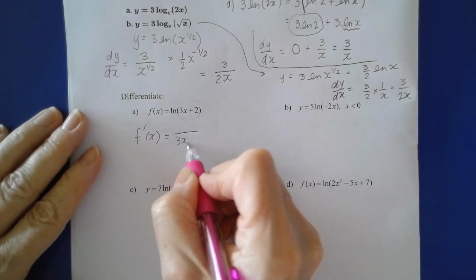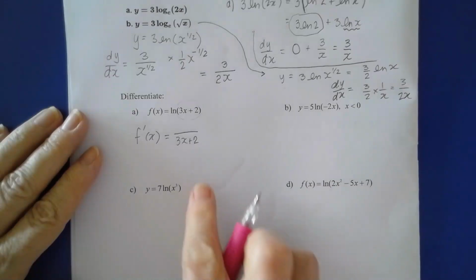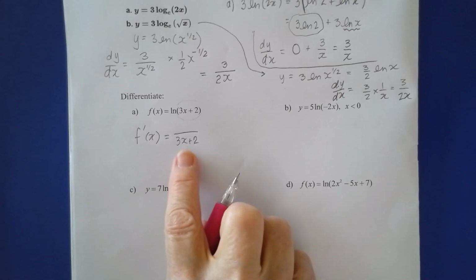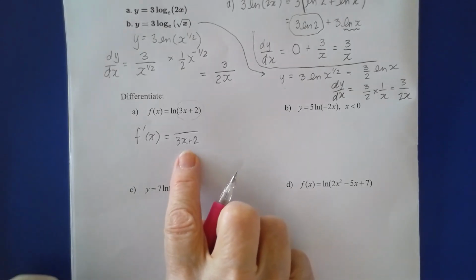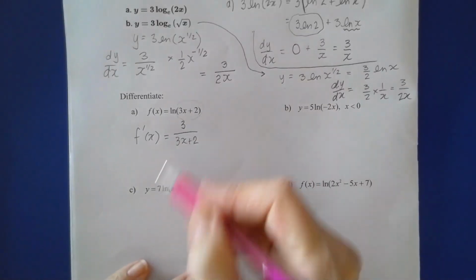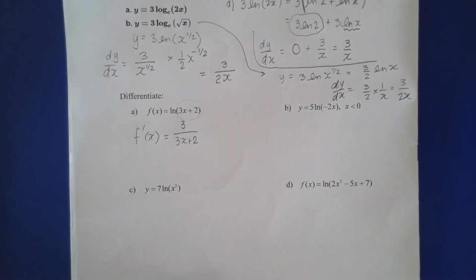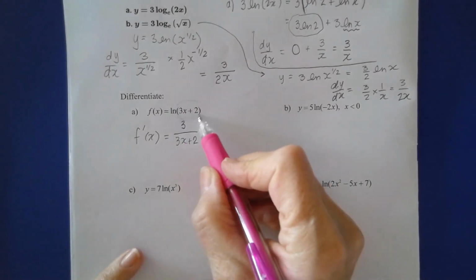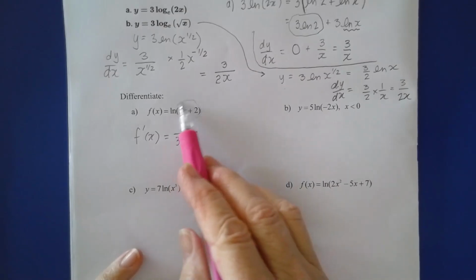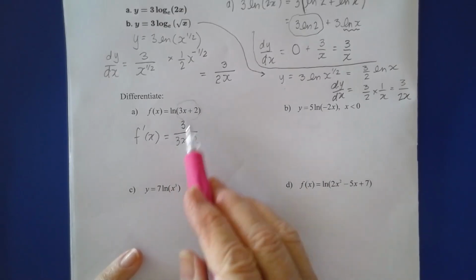That's the rule, 1 over. And then times the derivative of that goes on the top. What's the derivative of that? And I'm done. No crossing out. It just looks like that. So the inside does the rule, which is the derivative of ln is 1 over that, and then times that.